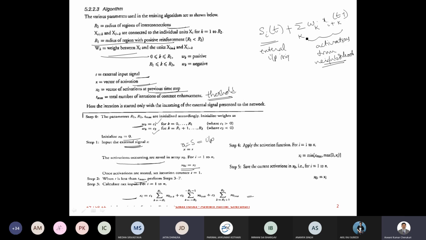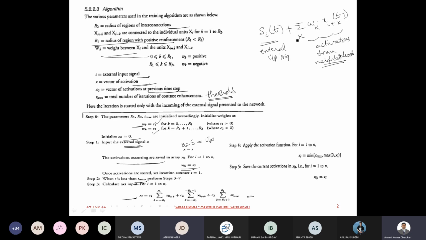Remember, when I say rest of the other nodes, not from all nodes. It is from the neighborhood nodes. When I say neighborhood nodes, you are going to have nodes with positive weights and nodes with inhibitory weights, that means negative weights. So till that radius we are going to consider. Now let us take an example of the architecture. What we have seen, you have the radius of 3. In that radius of 3, you have the first radius R1.